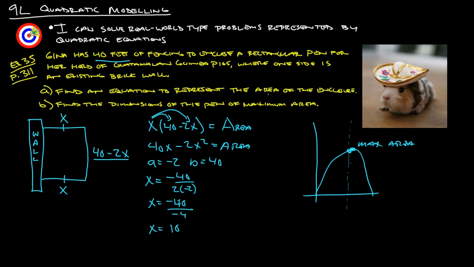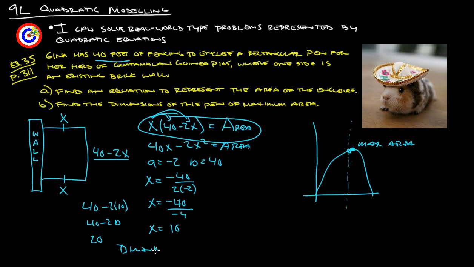Here's our equation that represents our area. This is part A, and then part B: find the dimensions of the pen for the maximum area. If these are 10, we'll do 40 minus 2 times 10, which is 40 minus 20, leaving us with 20.